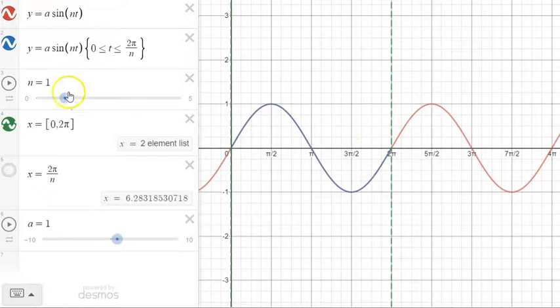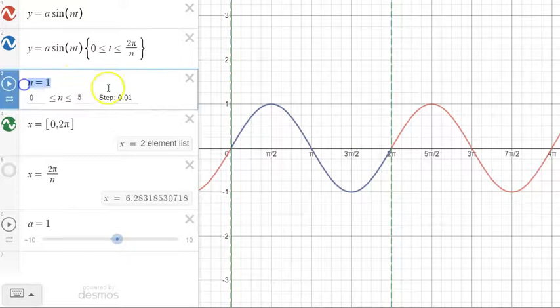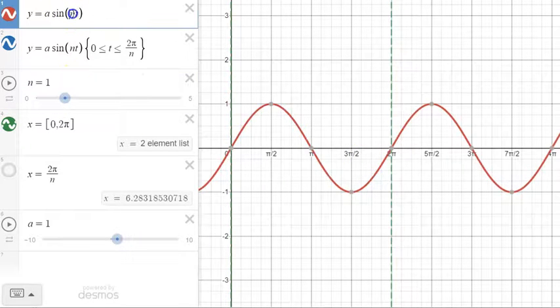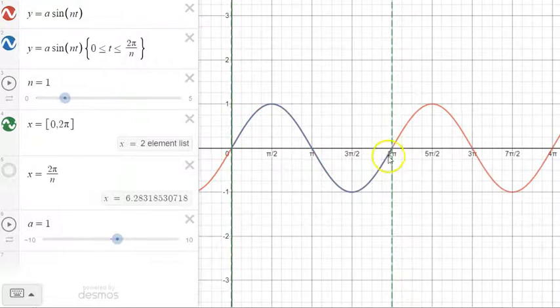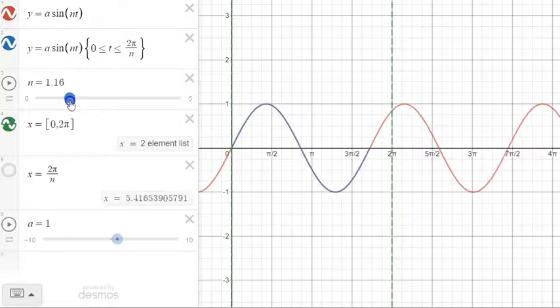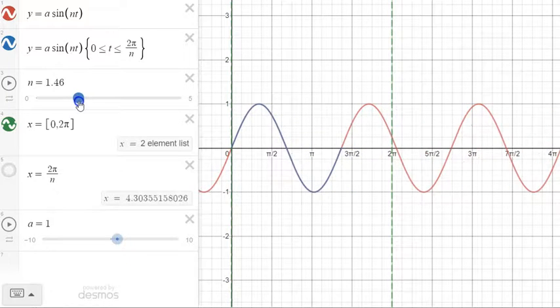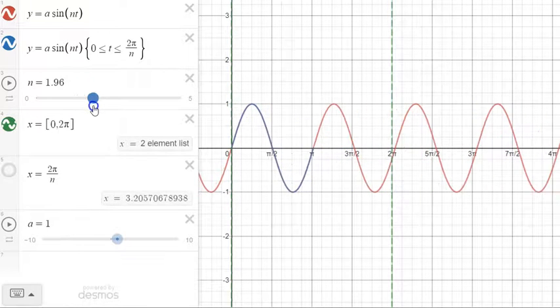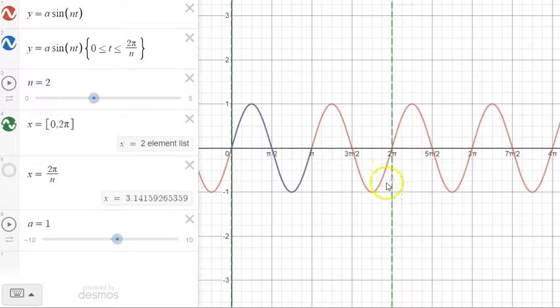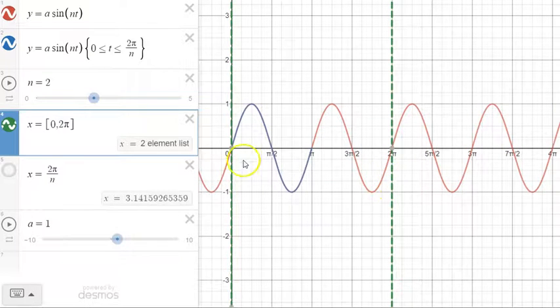By introducing this n into the equation, we've got a way of shrinking or compressing and stretching the function. Notice when I increase the value of n, observe what happens to the function itself. By increasing it, we can fit more repeats of the pattern within this part here.